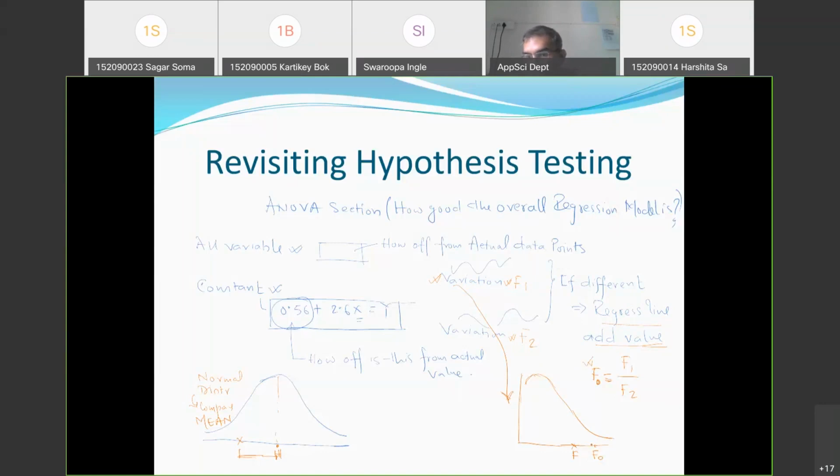If our calculated value is more than that, then we say that these variations are significantly different. This is the basic concept, or basic funda, you can say. Is this much clear?